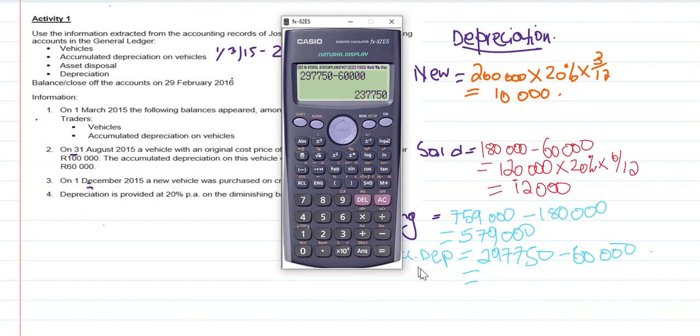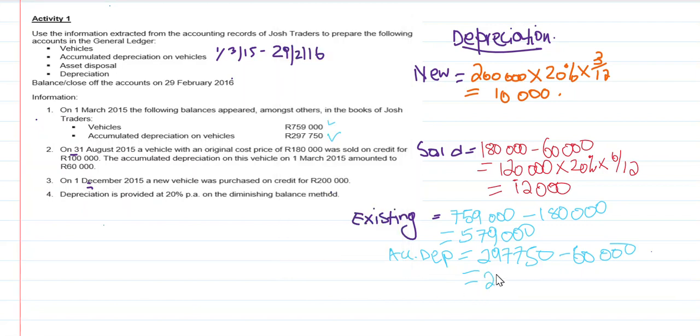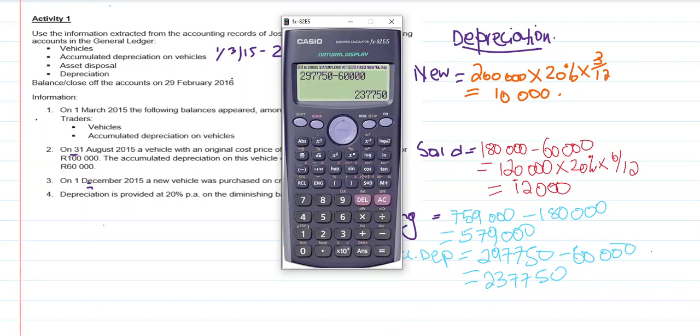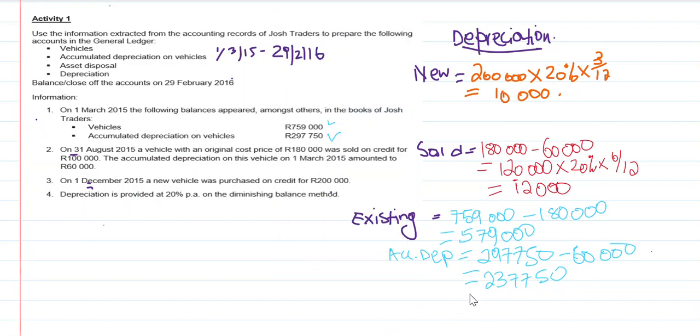This gives us 237,750. So this is the accumulated depreciation.